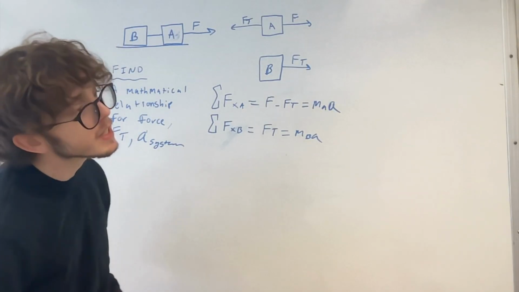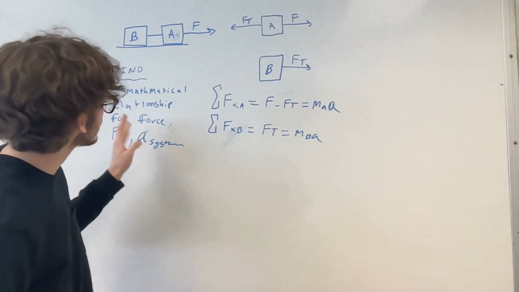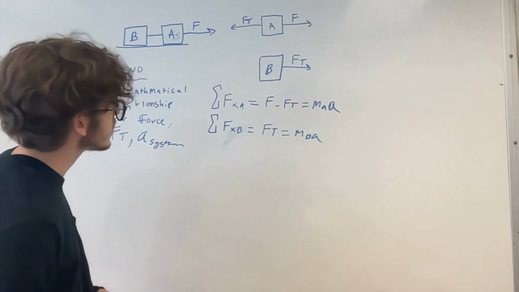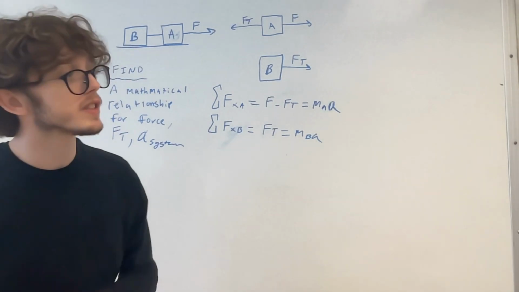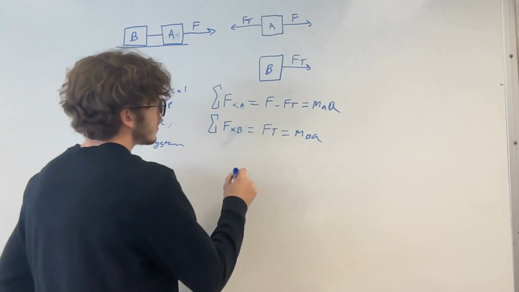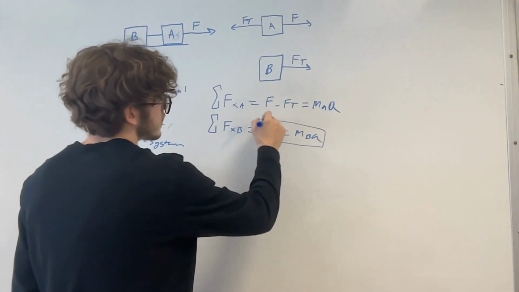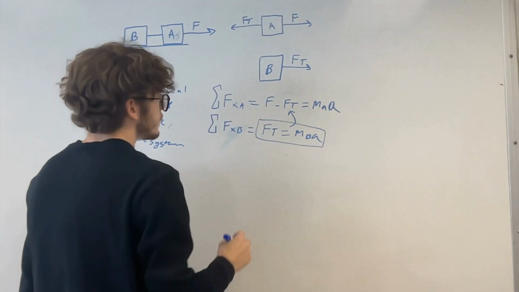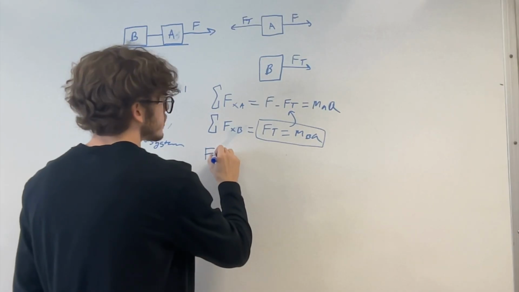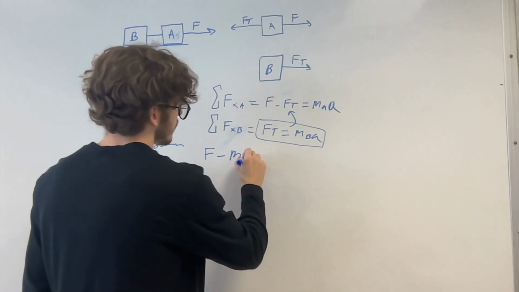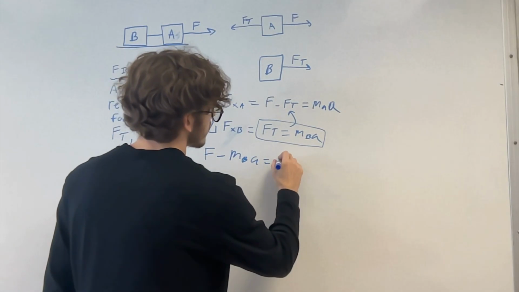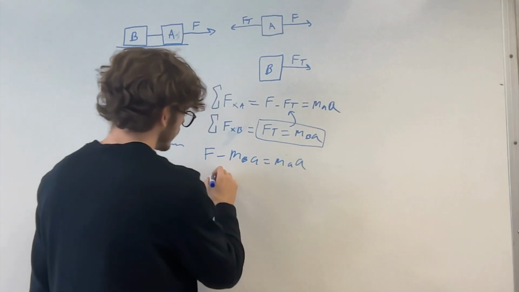So this one's a little bit easier, but we have to solve for some variables. First, the force of tension and acceleration. Let's solve for acceleration first. That might be the easiest. So we know the force of tension is equal to mass of B times A. We can plug that in here. So we get that the force minus mass of B times A is equal to mass of A times acceleration.